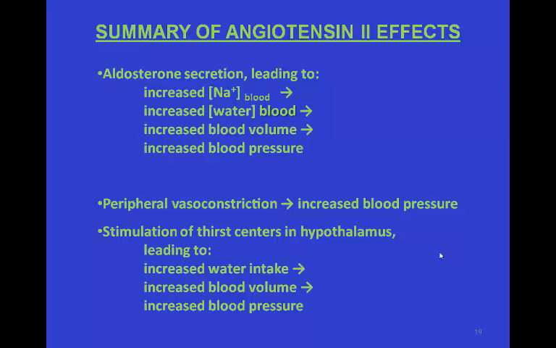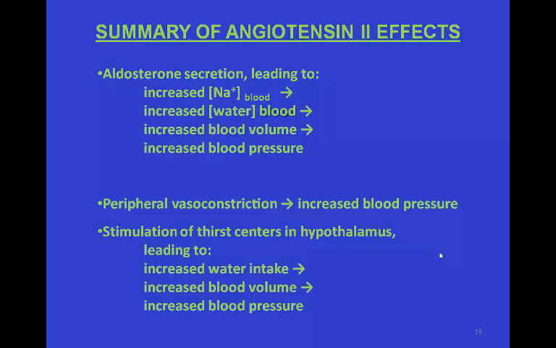So let's look at what aldosterone secretion is going to do. This is going to sound familiar to you at this point because angiotensin II is going to stimulate the adrenal cortex to release aldosterone. Aldosterone will work on the kidneys, causing them to conserve sodium, to conserve water.